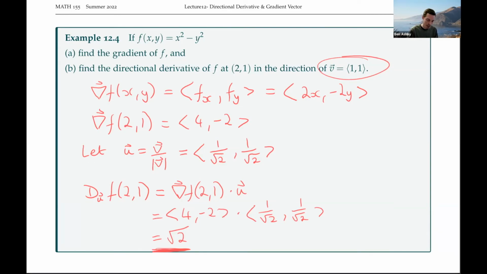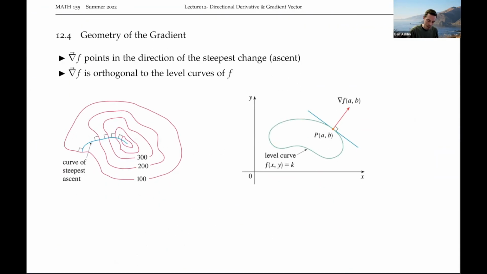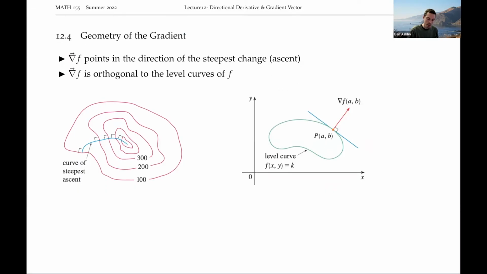Okay, so let's talk a little bit about some geometric facts related to the gradient. A gradient vector points in the direction of steepest change, or the steepest ascent, and also the gradient vector is orthogonal to the level curves of f. So let's talk about why those things are the case. First of all, let's think about the direction of steepest ascent.